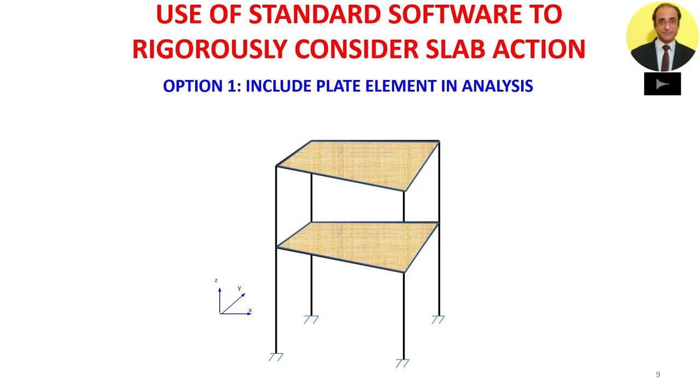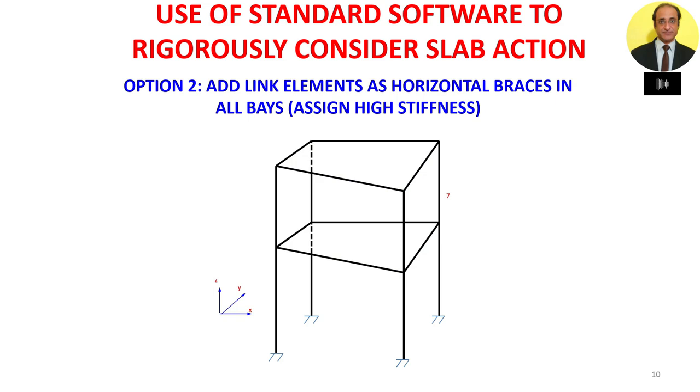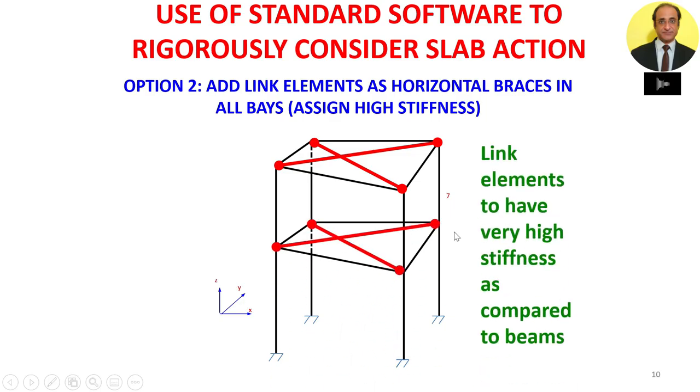If the particular software does not have slab elements, then we can make use of fixture link elements. These link elements should be introduced at the floor level and should have very high stiffness, so they should be incompressible so that they are able to fulfill the action of the floor slab. This option is also equally fit to give us an accurate solution.